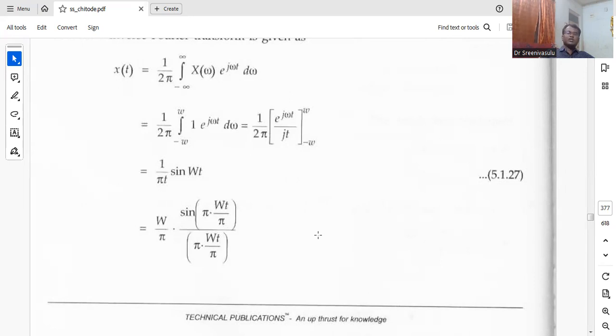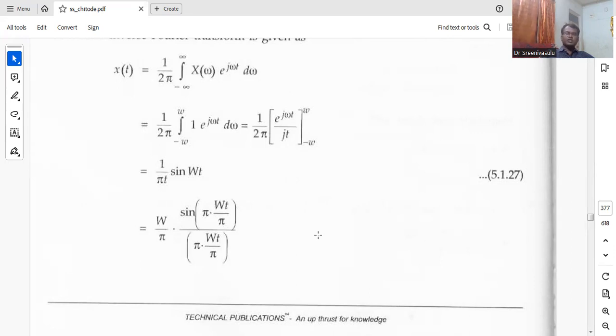Again, you change this sine signal into a sinc signal. We already know sinc of theta is sine pi theta by pi theta. So we have 1 by pi t into sine Wt. It is not omega, it is sine Wt, where W is a constant here.